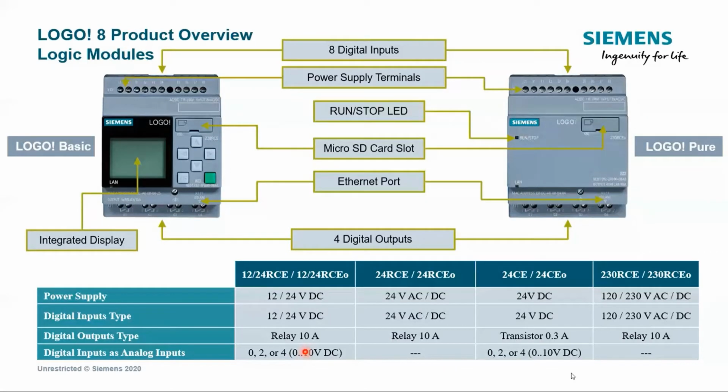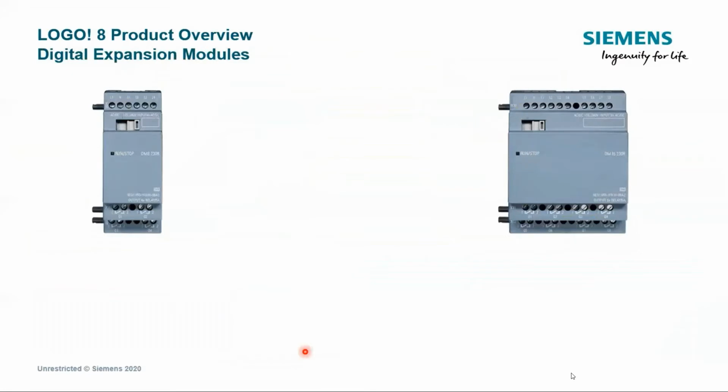Alright, so now let's jump to the digital expansion modules in particular. For digital expansion modules, we have actually 2 types as well. We have what we call DM8, which is digital module 8, and we have DM16.